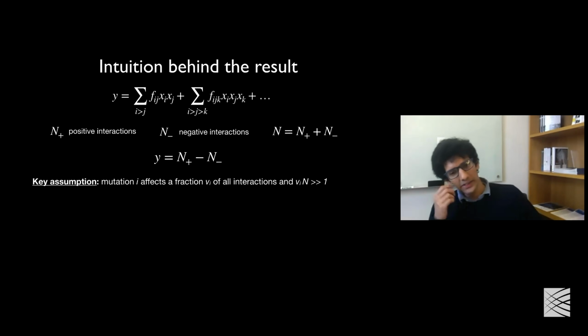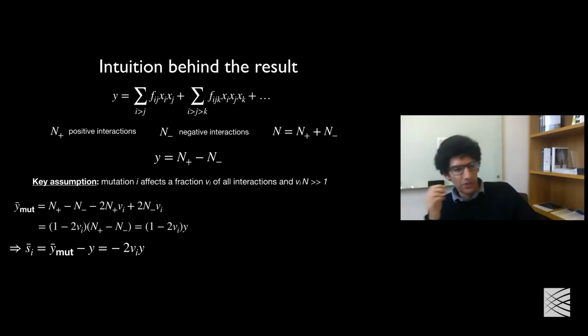Now, the key assumption, the key hypothesis here, is that when you mutate this locus, it affects some fraction of all the interactions that affect this trait. And also that the number of interactions that this locus affects is large. There are many interactions that this locus is involved in.